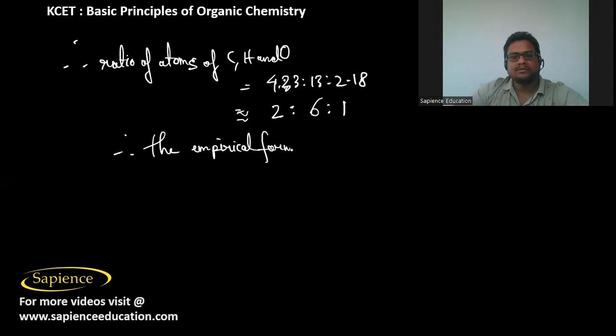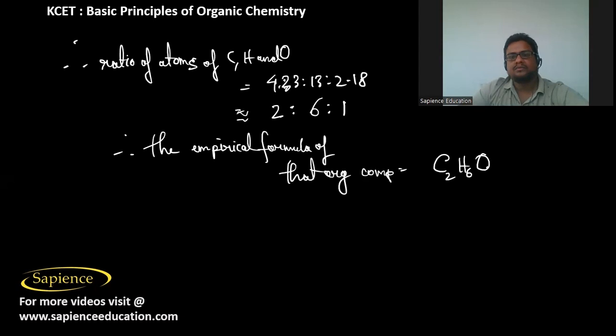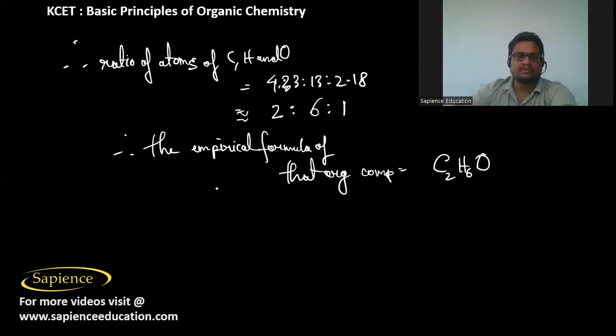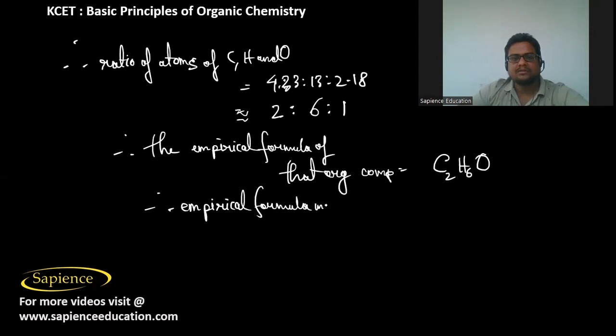Therefore the empirical formula of that organic compound will be C2H6O. So the empirical formula mass will be 2 into 12 plus 6 plus 16, so that will be 24 plus 6 is 30, plus 16, so 46.